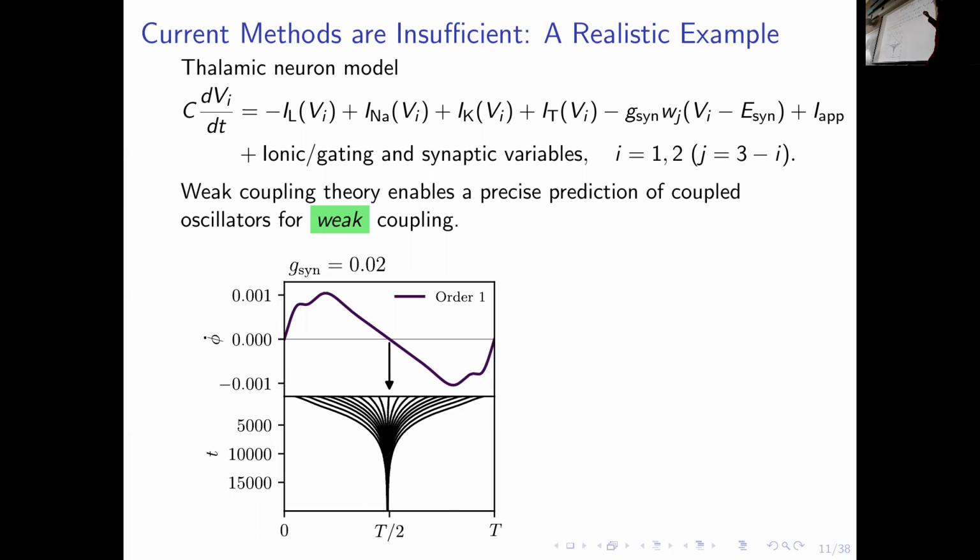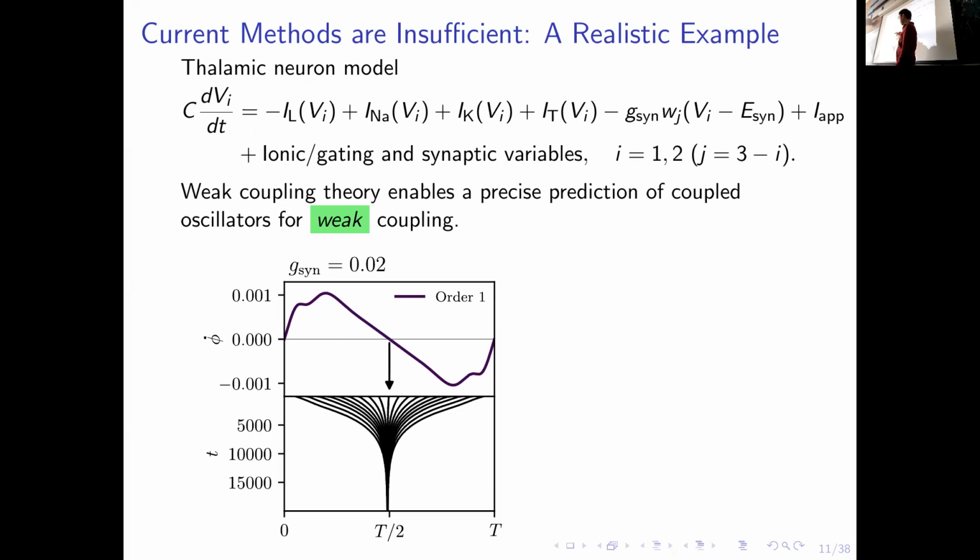Okay. We'll consider this. We have two of these guys. They're coupled somehow. This is synaptic coupling, but they have some influence on each other. And the parameter in front of the coupling term is small, 0.2.